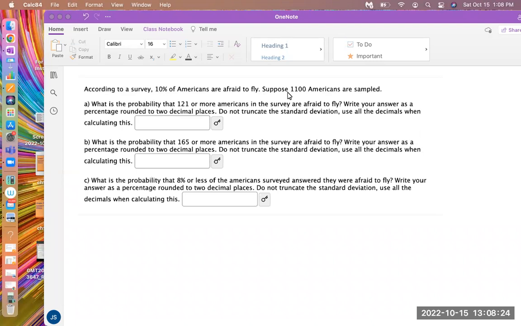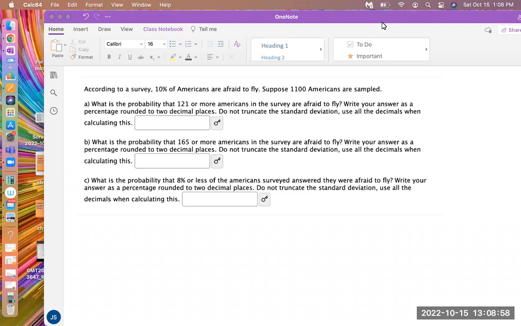And they're also giving you an N. They're asking, what is the probability that 121 or more of the 1,100 are afraid to fly? So really they're giving you a proportion, and they're asking, what is the probability that your sample is going to have that proportion or higher? So this is definitely a proportion problem.